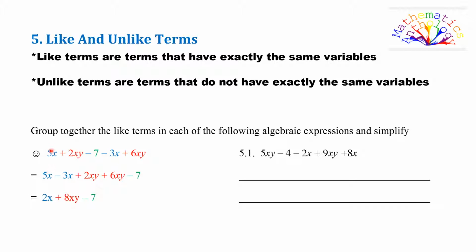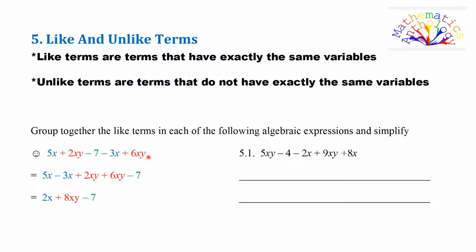So we are given our algebraic expression of 5x plus 2xy minus 7 minus 3x plus 6xy. If we were asked how many terms are in this expression, it would be 1, 2, 3, 4, and 5. 5 terms. Terms are separated by plus and minus signs only. So there's 5 terms here.